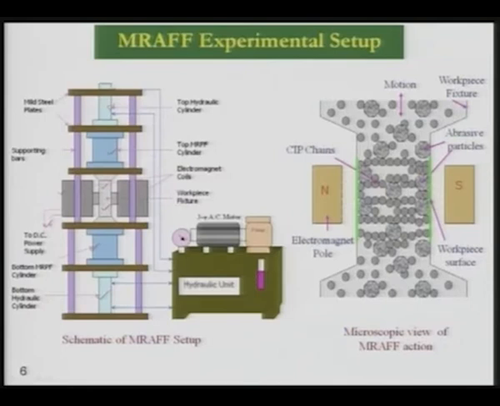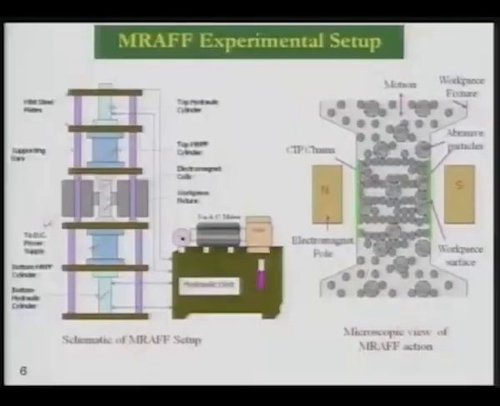And once these two sections are connected and the electromagnet is placed in position, a hydraulic unit pushes the piston inside the medium cylinder upward, so that whatever medium is filled in the bottom medium cylinder will be pushed upward and pass through the workpiece and workpiece tooling and come into the upper cylinder.